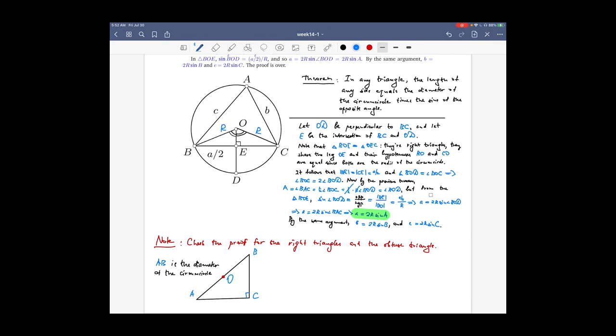And now, likewise, the proof works just fine if you consider an obtuse triangle.